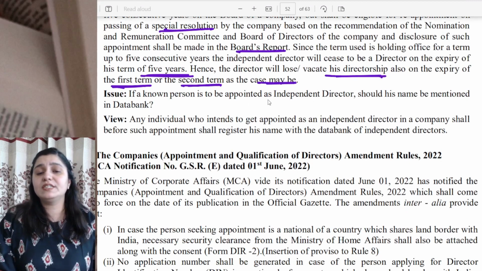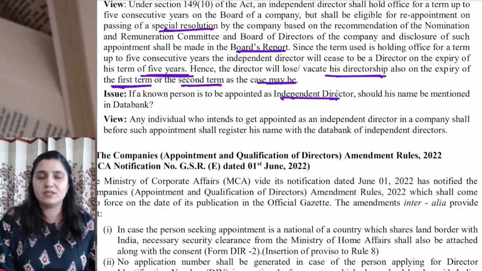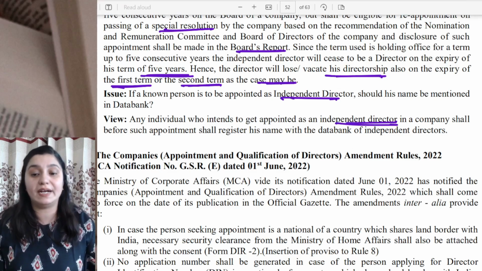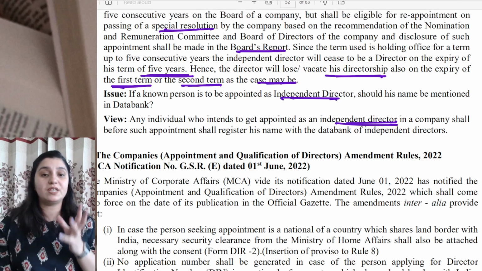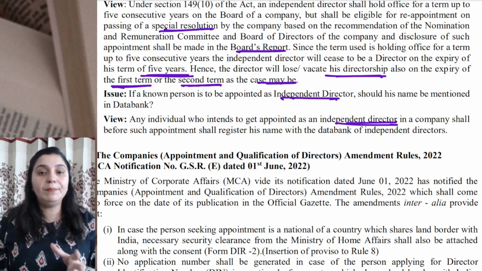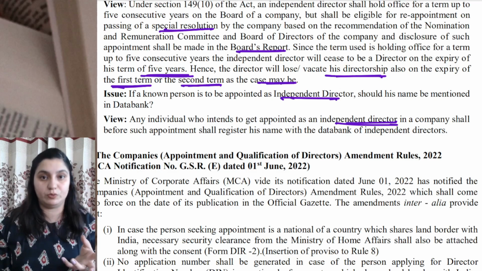If a known person is to be appointed as an independent director, should his name be mentioned in data bank? Of course, any person who intends to be appointed as an independent director, उसका नाम data bank में होना ही चाहिए, because when you study the topic of data bank, it is mainly about the people who can be approached by the company, to whom the company can approach, basically, right?